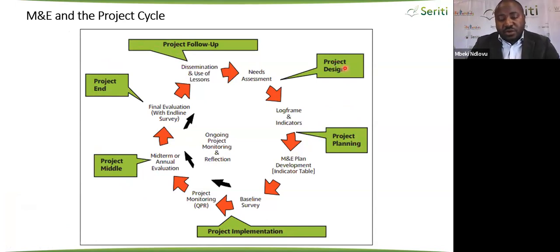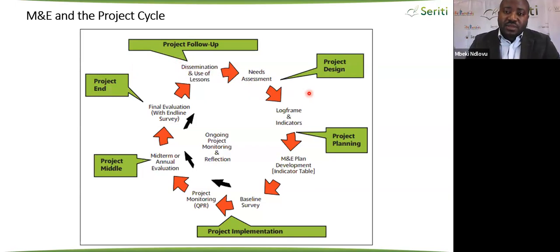We start here with project design, followed by planning, and then project implementation, and then midterm evaluation before you end up with the actual end of project evaluation, where you generate a report, and then you have some information that you disseminate and share lessons.